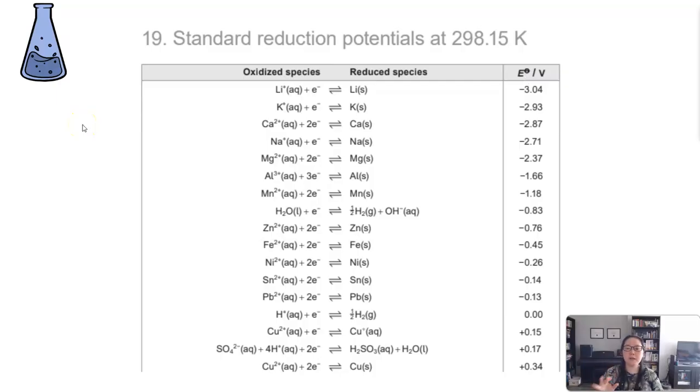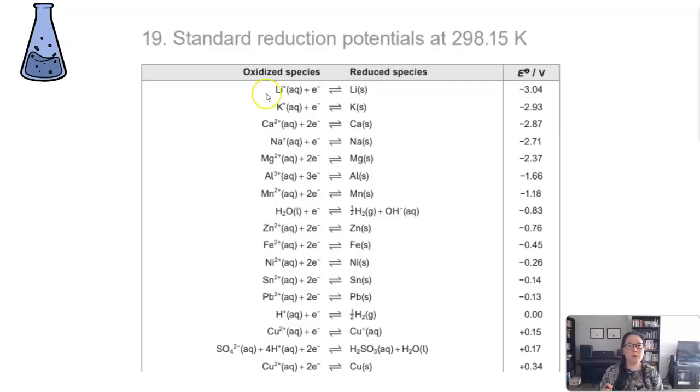Generally, every single table of this sort that you're going to see is going to have the most negative values. They'll get less and less negative until they get to that standard hydrogen electrode, which has that value of 0, and then you're going to get more and more positive values as the list keeps on going.